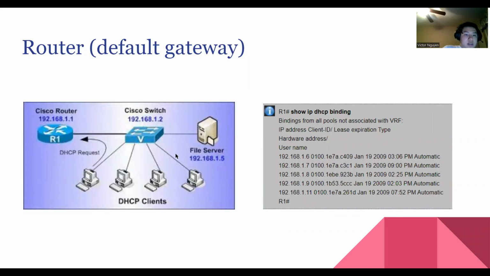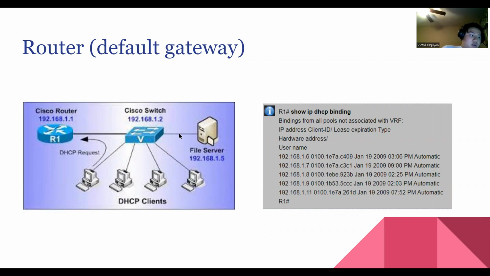We'll use this image right here to create a scenario. So the Cisco router will act as the DHCP server for the 192.168.1.0/24 network, and the IP addresses already assigned are the Cisco switch and the file server.